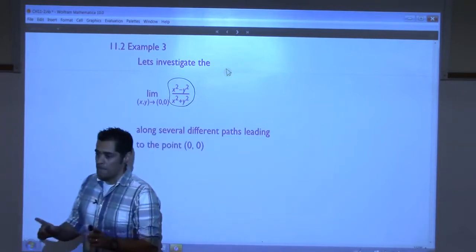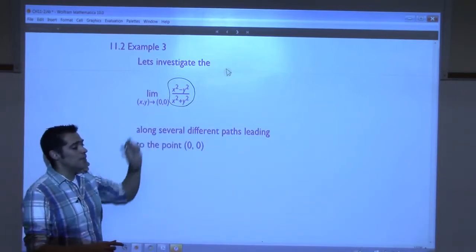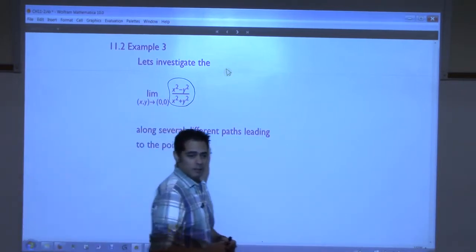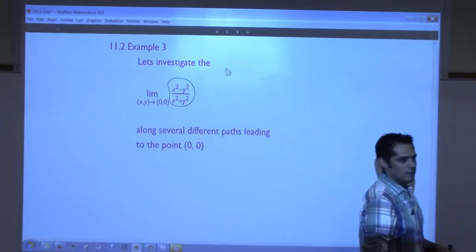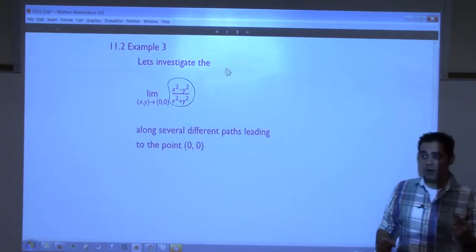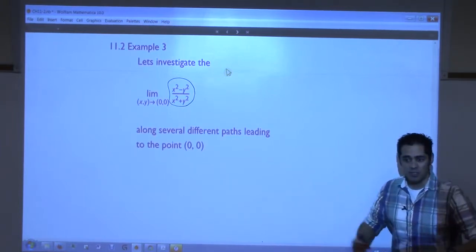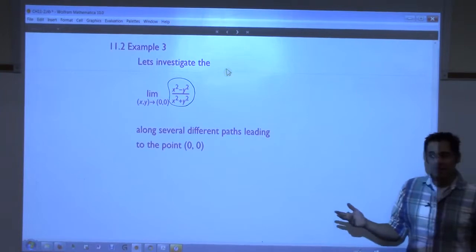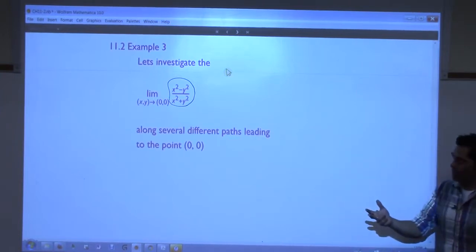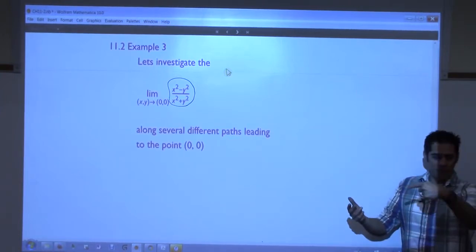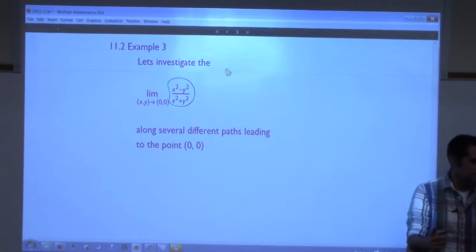But let's be clear. If I come in and I do a limit right now and I get an answer of 1, that does not mean the answer is 1 to the problem. That means from one direction it was 1. Then I would have to check every other direction, which is impossible. So what do you think it is that I'm actually going to hope for? I'm going to hope that from different paths I get different answers, right?